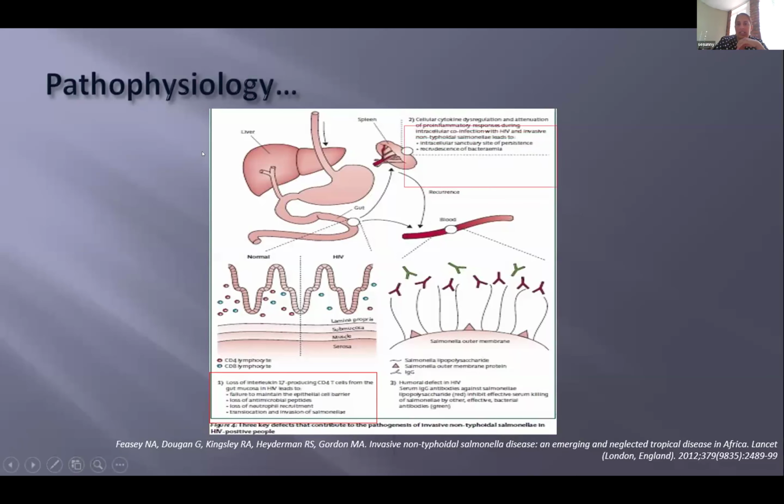You also have cellular cytokine dysregulation and attenuation of the pro-inflammatory response during intracellular co-infection with HIV and invasive NTS. This leads to intracellular sanctuary sites for persistence, like I had mentioned, but also forms a potential site for recurrence of bacteremia.